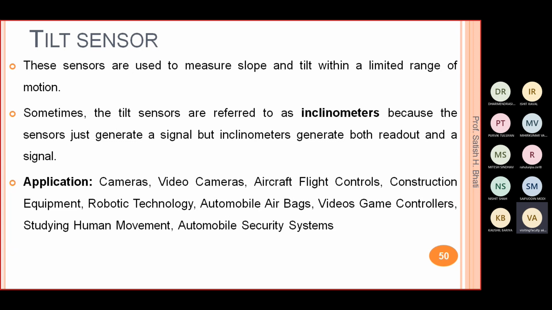So in video game control also we are using tilt sensors. We can also put it on a human for research purposes to study the movement of the human, and we can use it in automobile security systems. So these are some applications of the sensor.